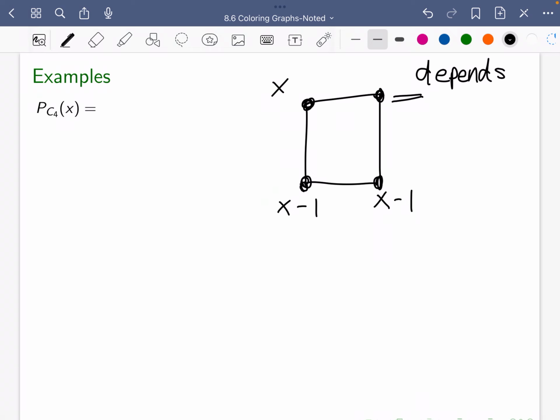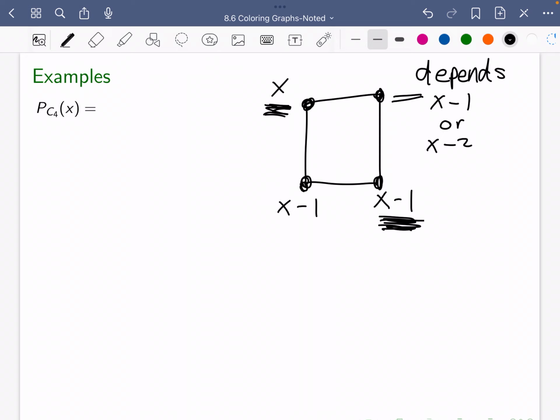It depends on whether or not this vertex and this vertex received the same color. Because they're not next to each other, they did not have to, but we have two different cases, really. So it could either be x minus 1 or it could be x minus 2, depending on whether this color here and this color here got the same color.